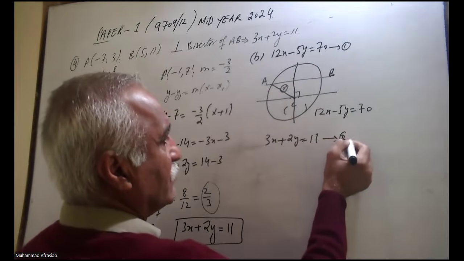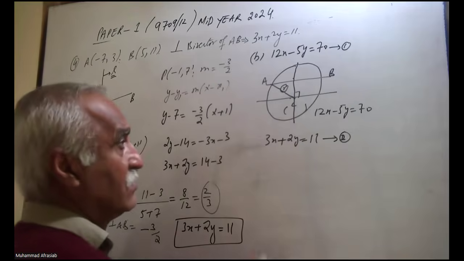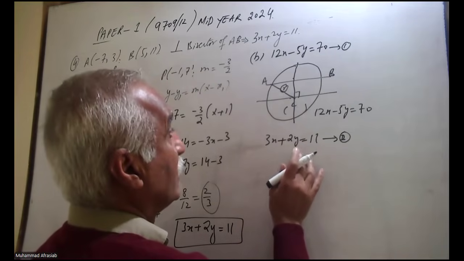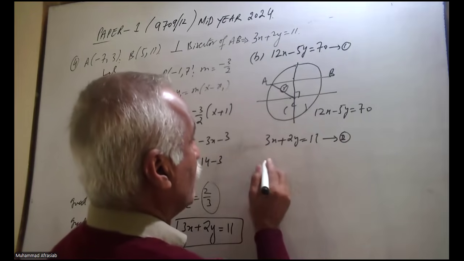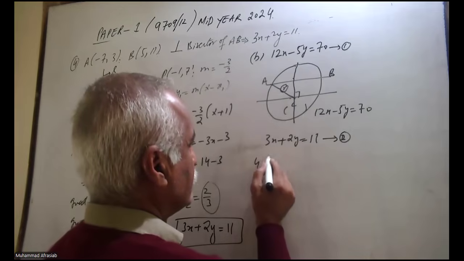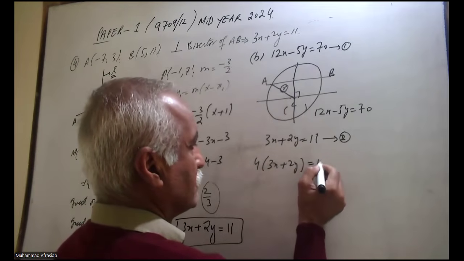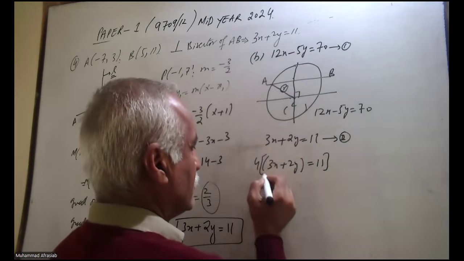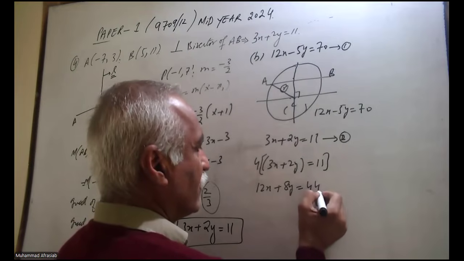Let's say it is equation number 2. So C is the point of intersection of these two lines. First of all, we will find the coordinates of C. If we multiply equation 2 by 4, it is 12x plus 8y is equal to 44.